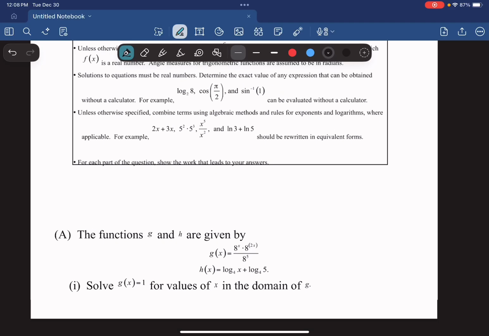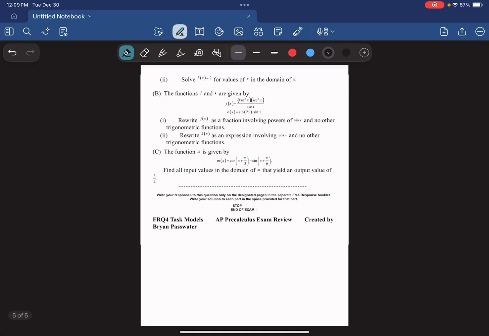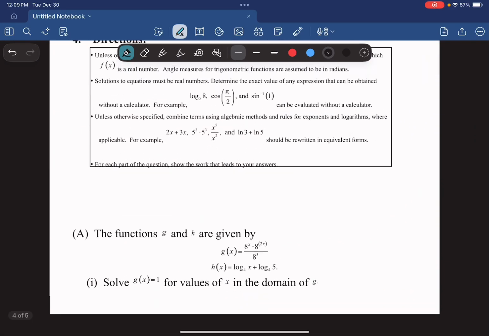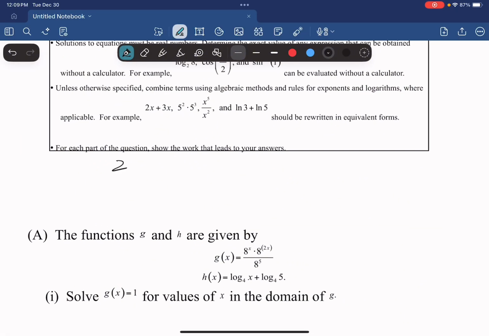We're going to do 2 equals log base 4 of x plus log base 4 of 5. I believe that's right. I think.